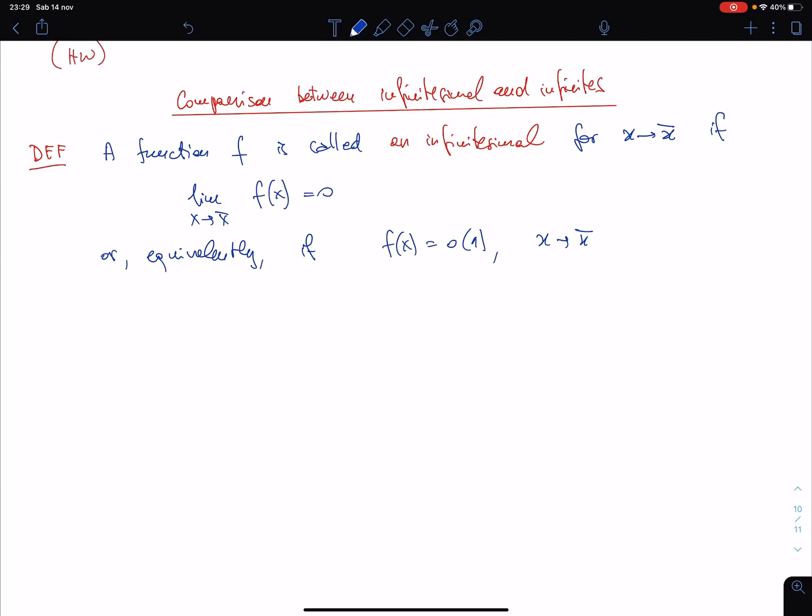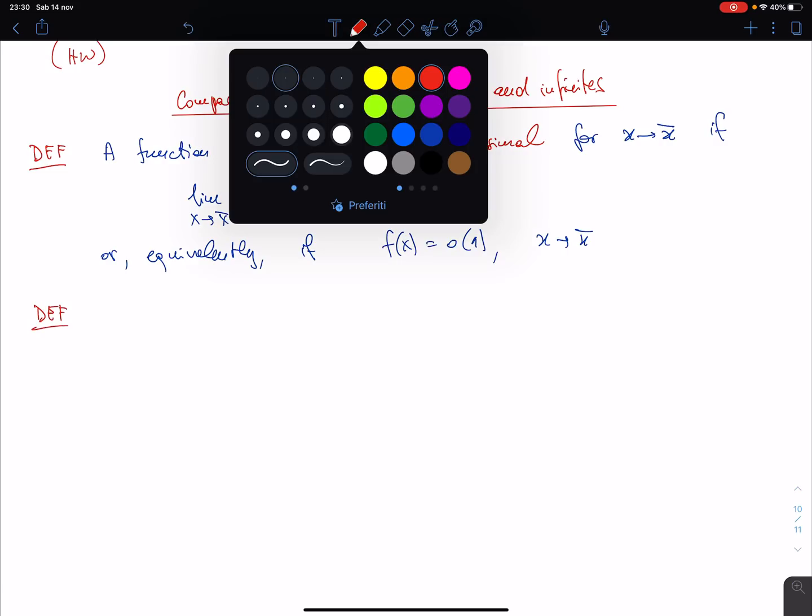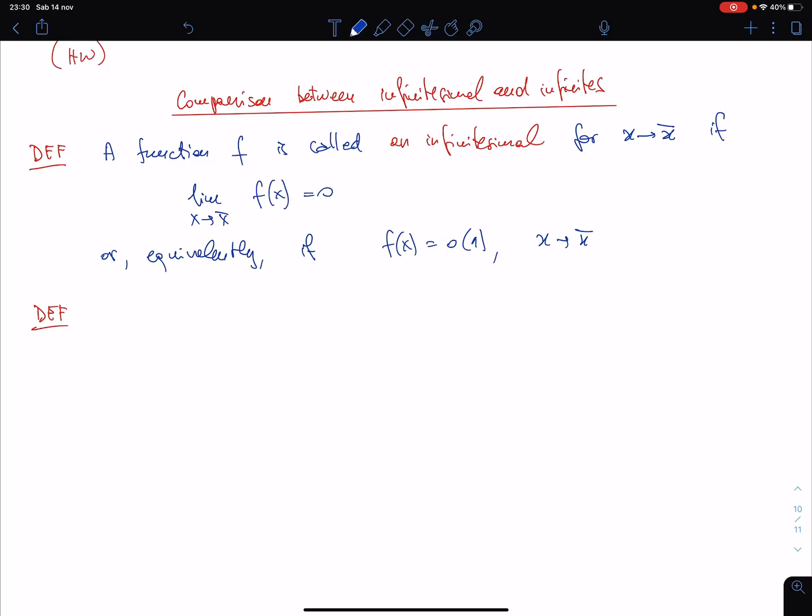Another definition concerns the comparison between two infinitesimals. So we start by considering two infinitesimals. Let f, g be two infinitesimals for x going to x bar.